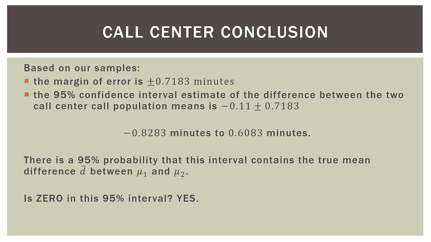So if 0 is in that 95% interval, then we have to conclude that there is no evidence to suggest that there is a difference between the means of the two call centers. So we're always looking for that 0 point. If 0 minutes is in the interval, then we must conclude that, based on the evidence we have, there is no difference between the two call center means.